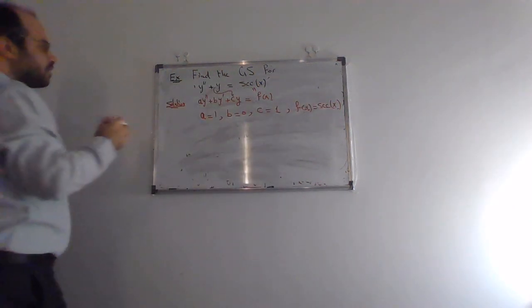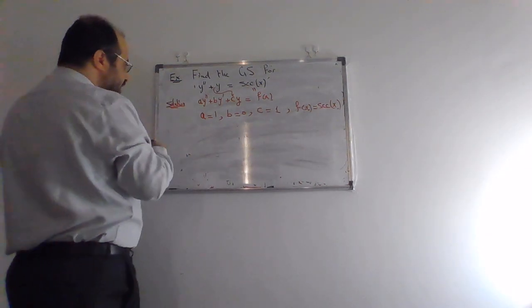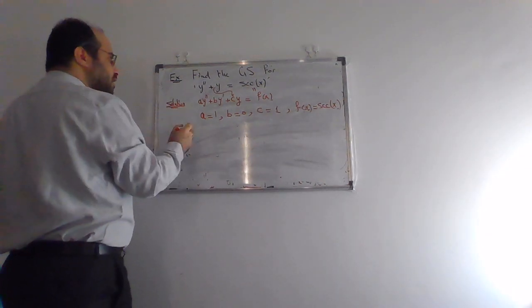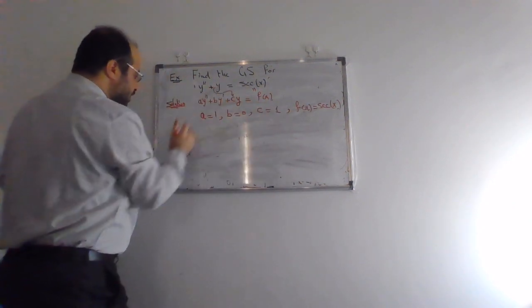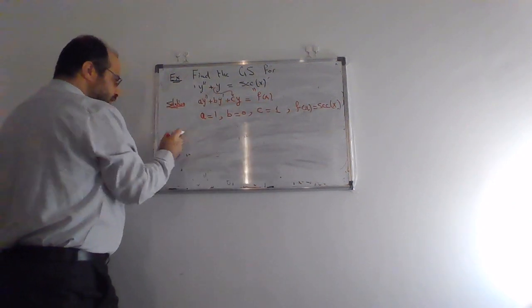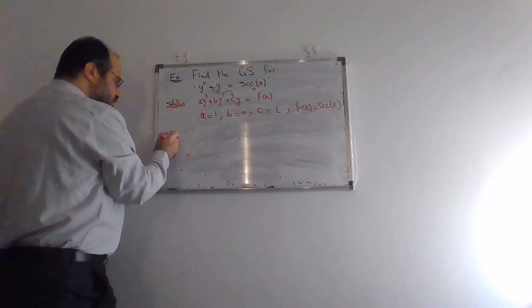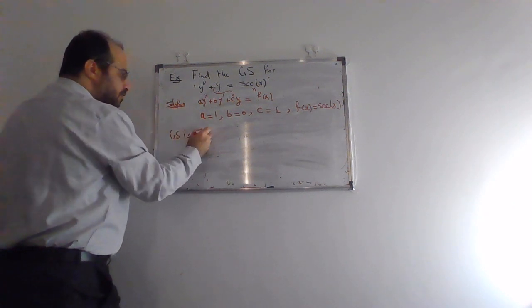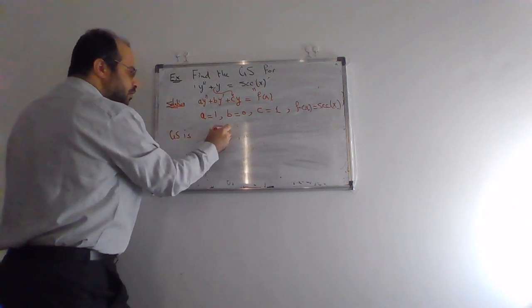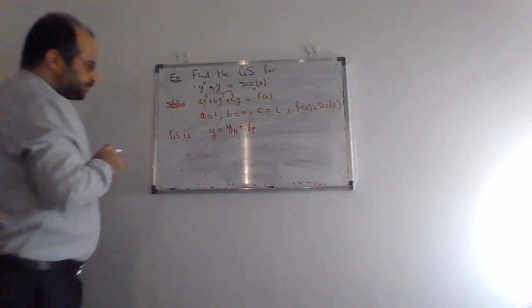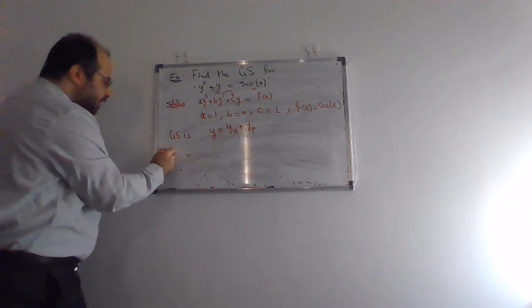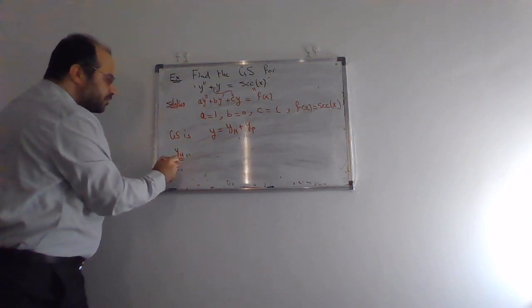Now, how do you solve this differential equation? Let me go with the homogeneous first. So the general solution is of the form y equals y homogeneous plus y particular, right? Now, finding your y homogeneous is like before.